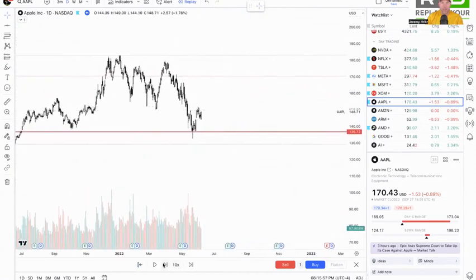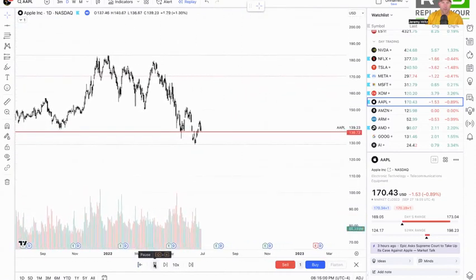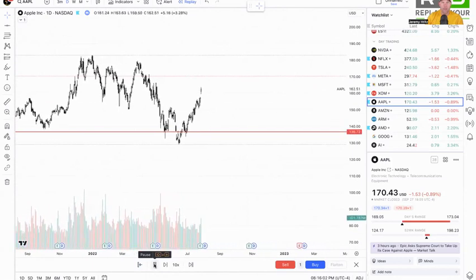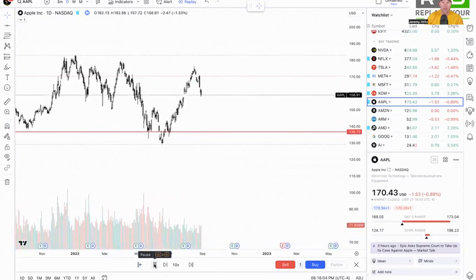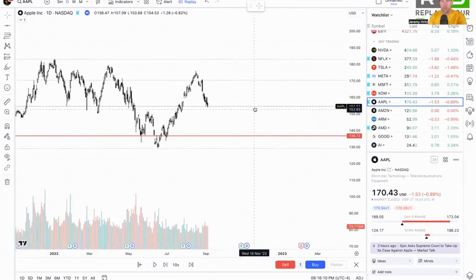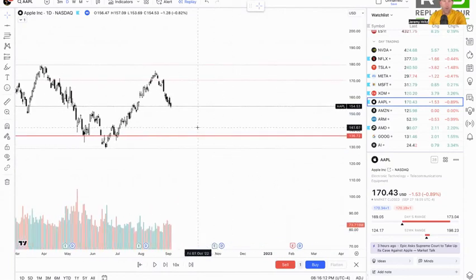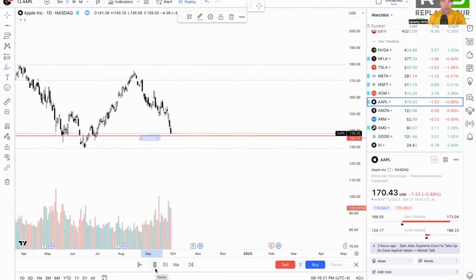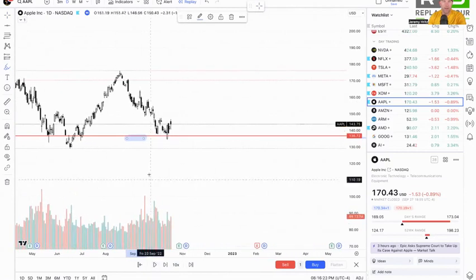And we see, okay, all right, I'm noticing that Apple bounced here at this spot. So it bounced once, twice, 3 times. And as you're watching this develop, let's say that we're watching this in real time, we're saying, okay, if we see it bounce or if we see it come back down into this range, I'm going to buy. Right. And then we see it come down. We could say, all right, I'm going to buy some shares here.